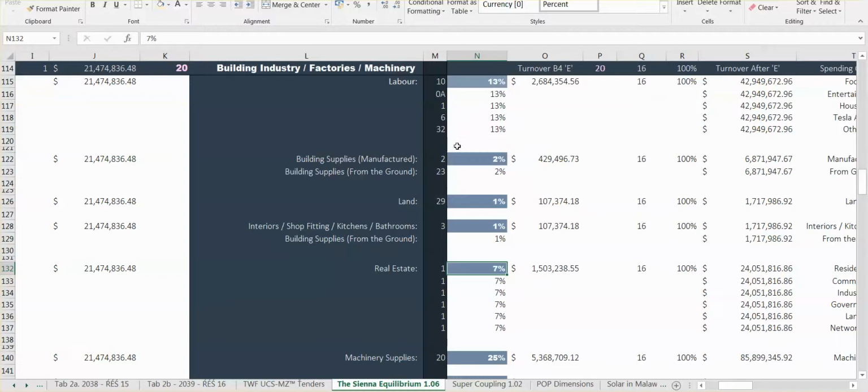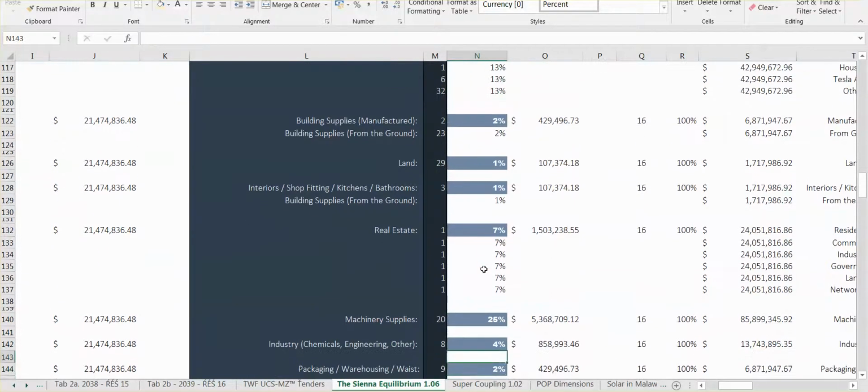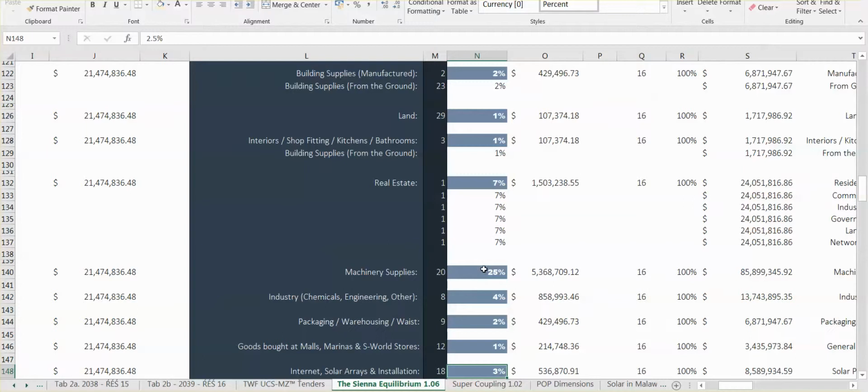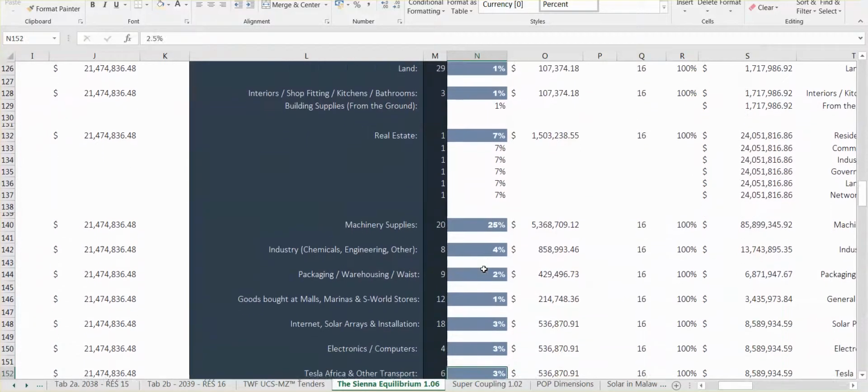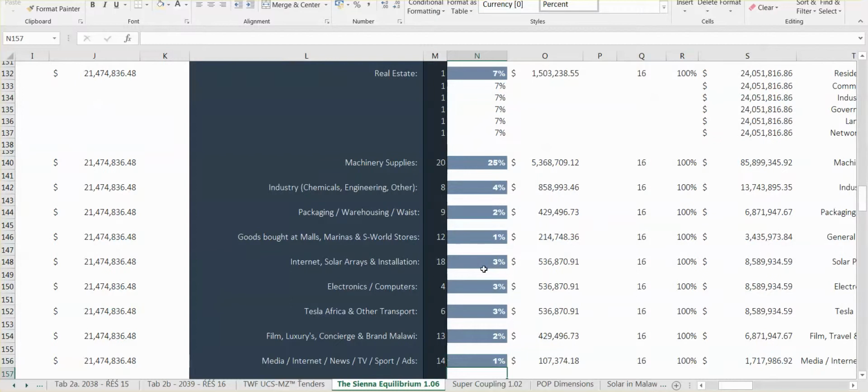Okay, let's just, so we're looking at this. So 7% is going to be spent on real estate, 20% is going to be spent on machinery supplies because it's the building industry. They want a lot of tractors and all sorts of things like that. So 25% is spent there. Industry, chemicals, etc., packaging, goods bought at stores, internet, solar, electronics, Tesla, buying some electric cars.